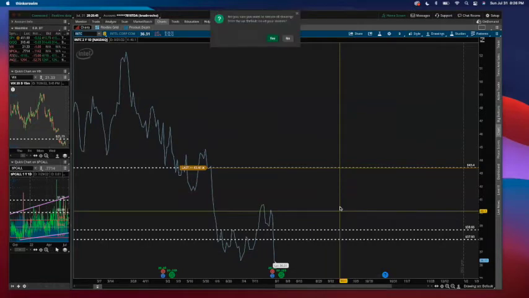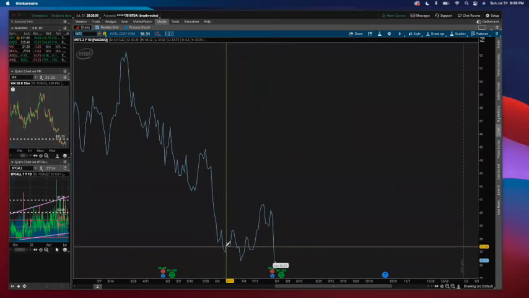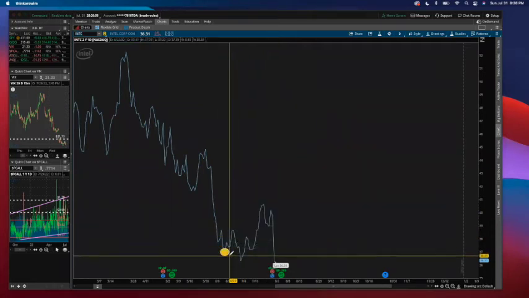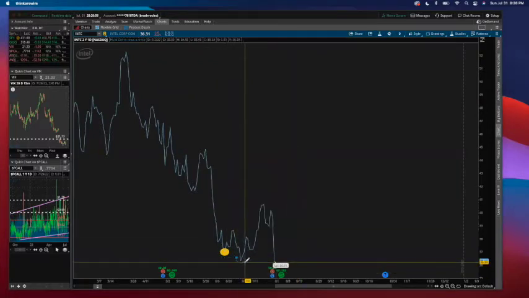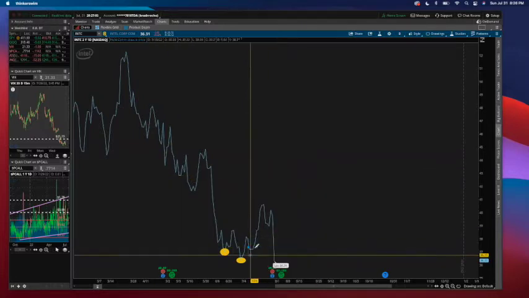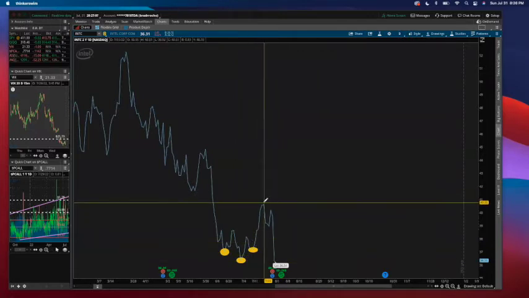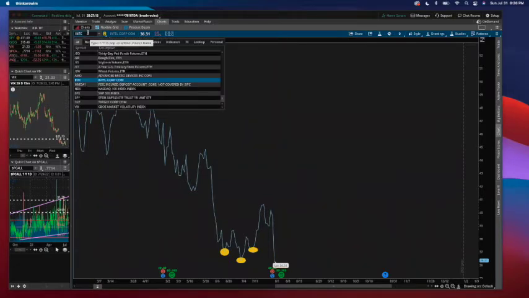It looks like it failed majorly, but look at the perfect inverse head and shoulders. This was just an example I remember from earlier when I was studying the line chart, right? There's the head, two shoulders, boom. And then look at the move we had up, and then we failed it pretty hard.